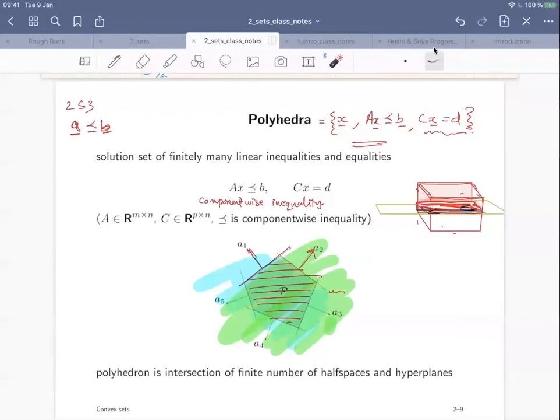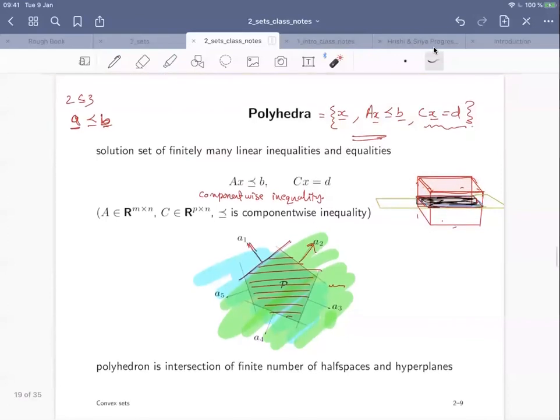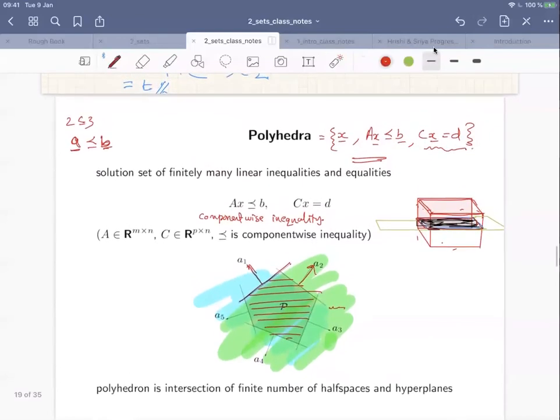In that case, you cannot define this polyhedron just by using half spaces. You need a hyperplane also. Then you say that my polyhedron is the intersection of all these half spaces and this hyperplane. Then you get this. So that's the concept. Also, a polyhedron can be a hyperplane.